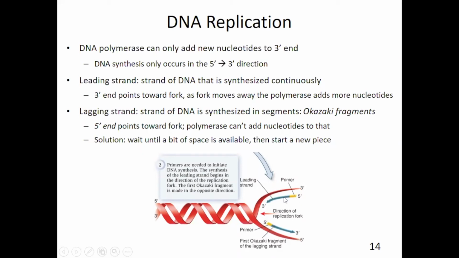On each one of these new strands, we see a little bit of yellow, and that yellow is representing the primer. Remember, DNA polymerase is the enzyme that is synthesizing the new strand of DNA, but it needs a little help to get started. It needs a little bit of primer to get started.